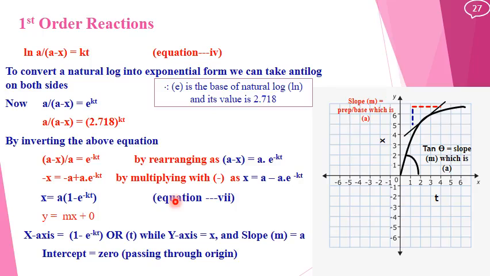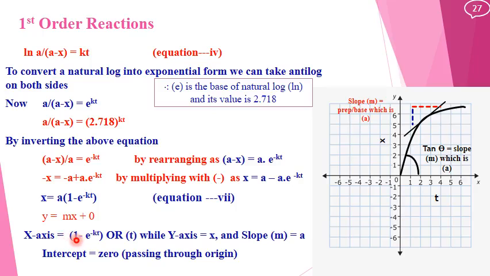And this one is another equation, which is equation 7, a linear equation where the intercept is 0, y is equal to x, m is equal to a, and x is equal to 1 minus e raised to power minus kt, or it may be the value of t, since minus multiplied by minus will be equal to a positive value.